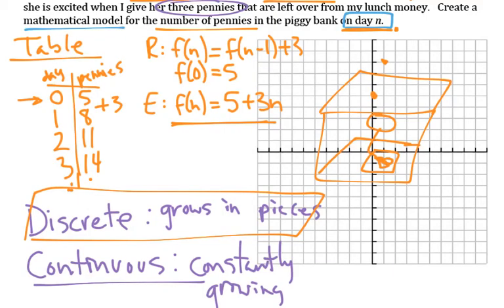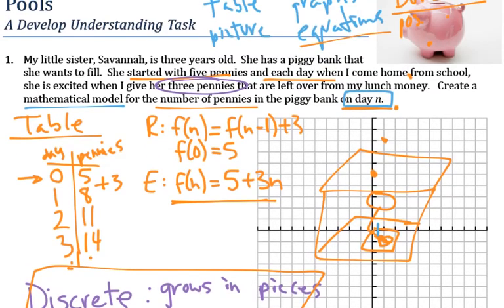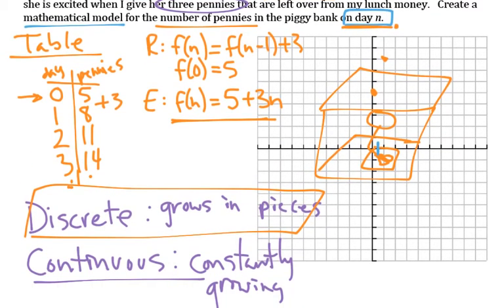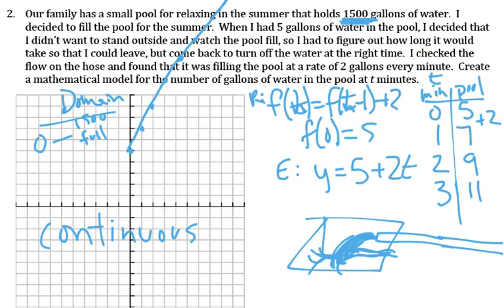Whereas, if we thought back to the pennies, if they died before they took lunch and got those 3 pennies, we wouldn't have any growth whatsoever. Here, if the hose got cut off and stopped filling it up anywhere along this line, we would still have a different amount.